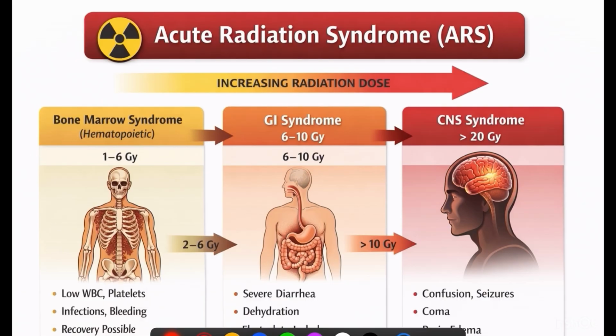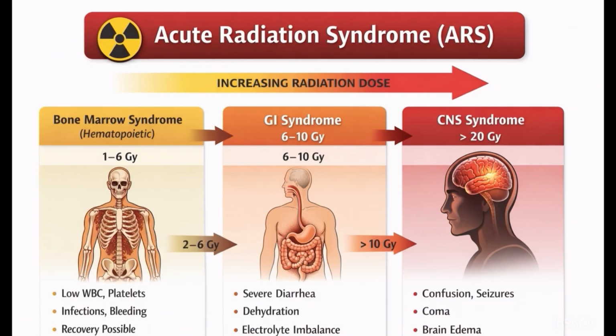So three kinds of syndromes can be seen depending upon the dose. Initially, we have a bone marrow syndrome or hematopoietic syndrome, in which there is bone marrow suppression, as a result of which we have a low WBC and platelet count, increased infection, bleeding tendency, and here recovery is possible with adequate treatment. As the dose increases, the GI syndrome can be seen.